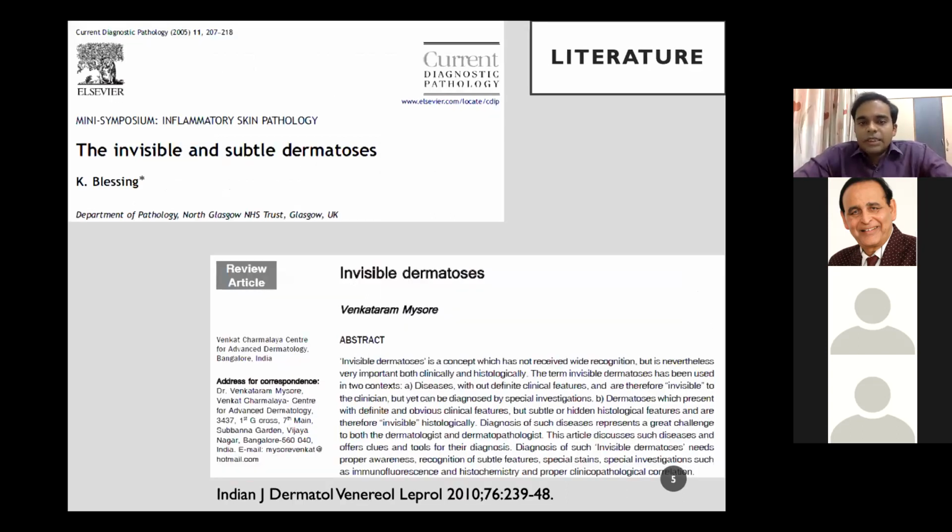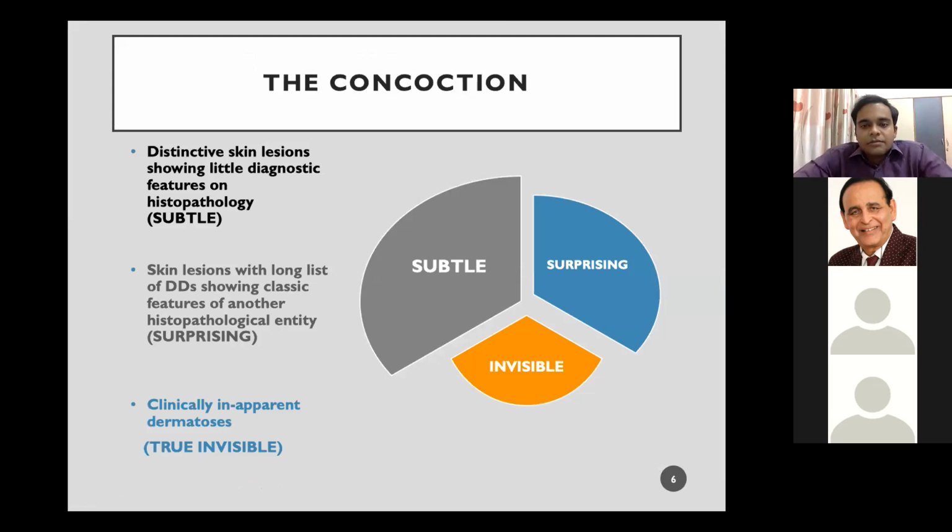Subsequently, there has been literature, including a review article from India, which debated this issue. More or less now it is thought that we can use the term for both, whether histology is uncertain and invisible, or clinically it is not very definite and we are unable to reach a diagnosis. This is my way of thought, my concoction. It's not very different from literature, just nitpicking.